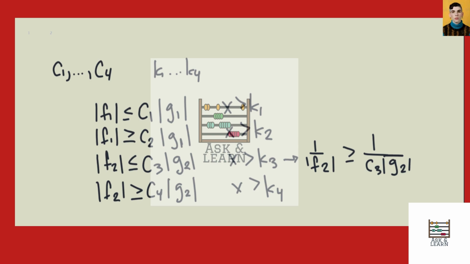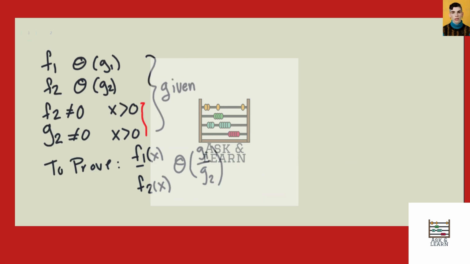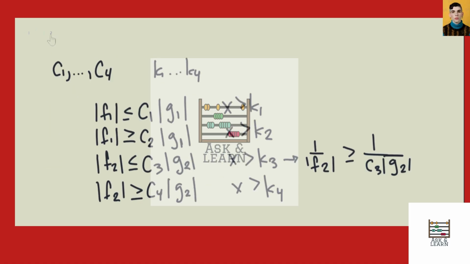Right, and we know that they're not going to be equal to 0. It was in our assumptions here, right? We're given that, so we don't have to worry about it. And we can do the same thing here. We'll get that 1 over the absolute value of f2 will then become less than or equal to 1 over c4 times the absolute value of g2.